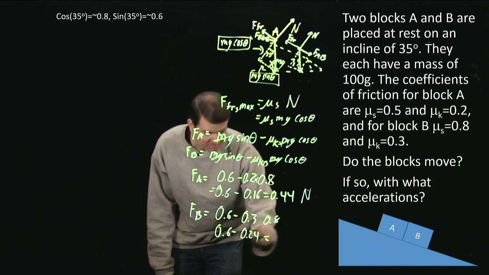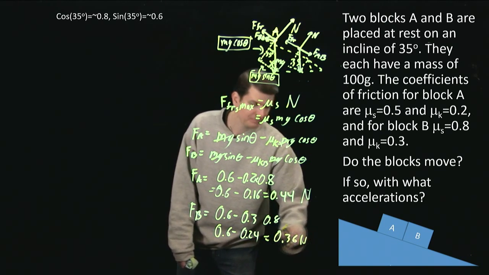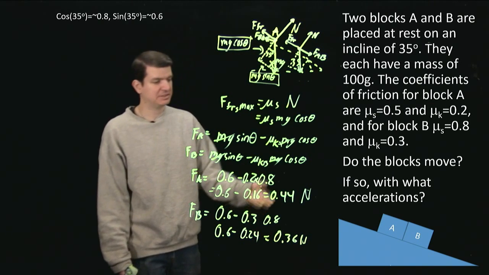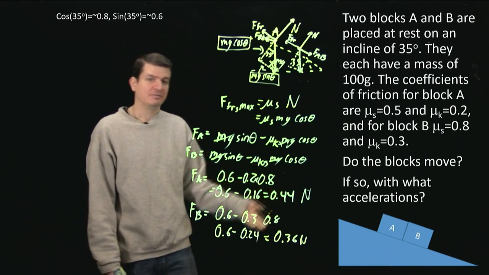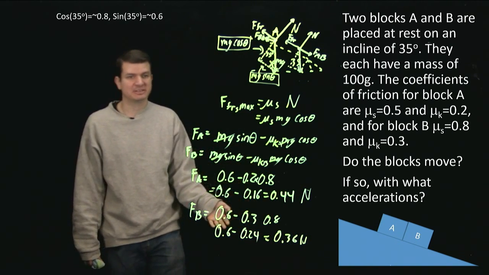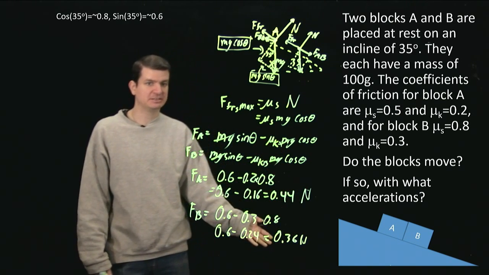That's 0.36 newtons. They've got the same mass, so the acceleration of A, because it has a larger net force, is going to be larger. If the acceleration is larger, then it's trying to move faster. Its velocity would have been faster, except it clearly therefore pushes against block B.